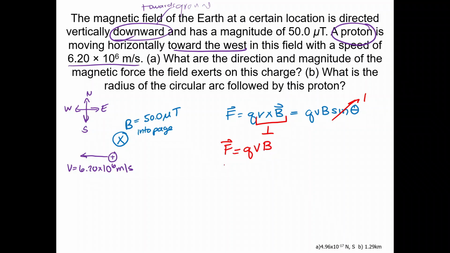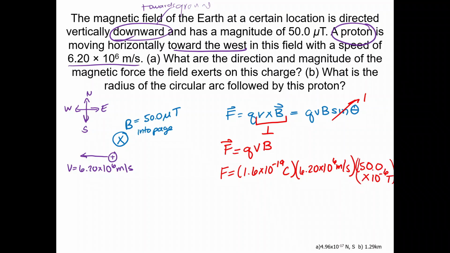Our proton is an elementary charge, so it has a charge of 1.6 times 10 to the negative 19 coulombs. Our speed, v, is 6.20 times 10 to the 6 meters per second. And our magnetic field B is 50 microteslas, which is 50.0 times 10 to the negative 6 teslas.